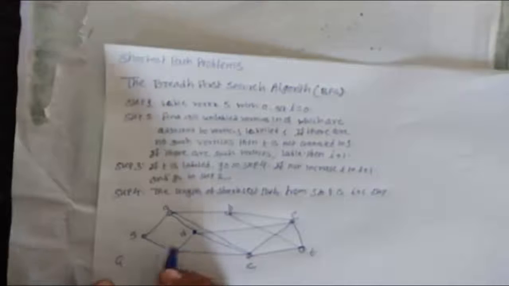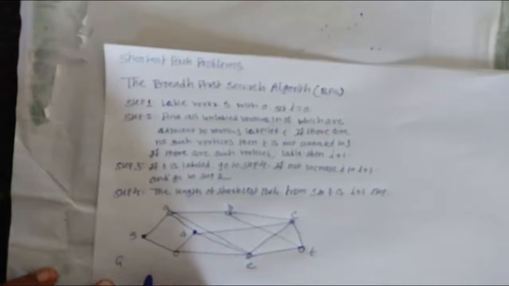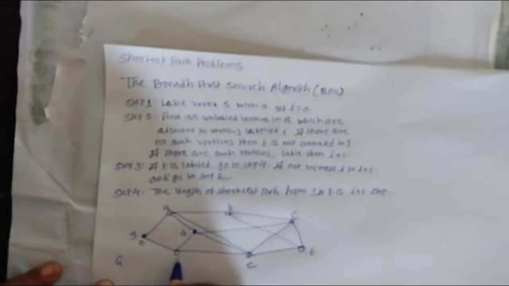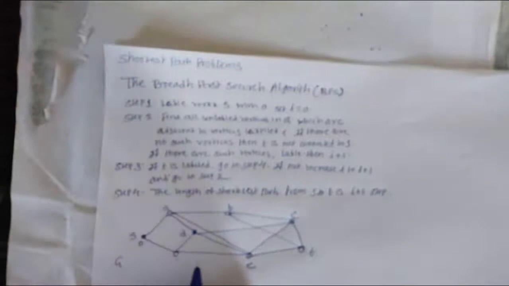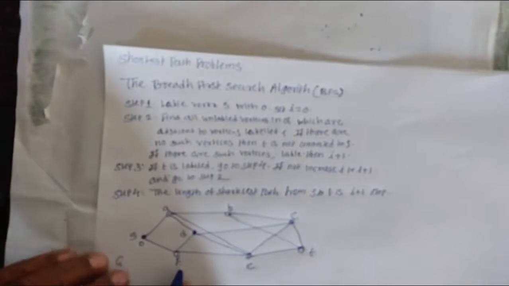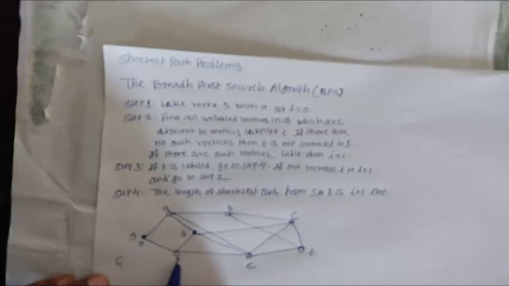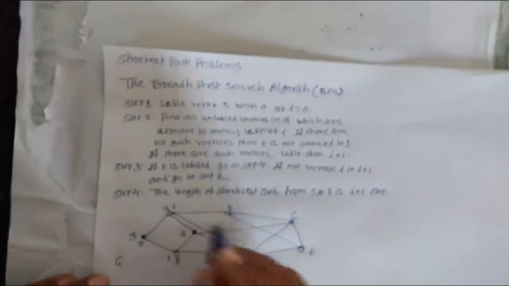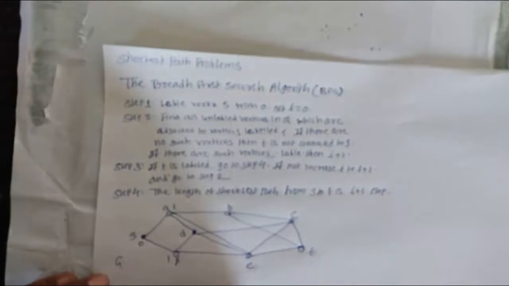See here, first S is labeled by 0. Then A and F are adjacent to S, so label these by 1.